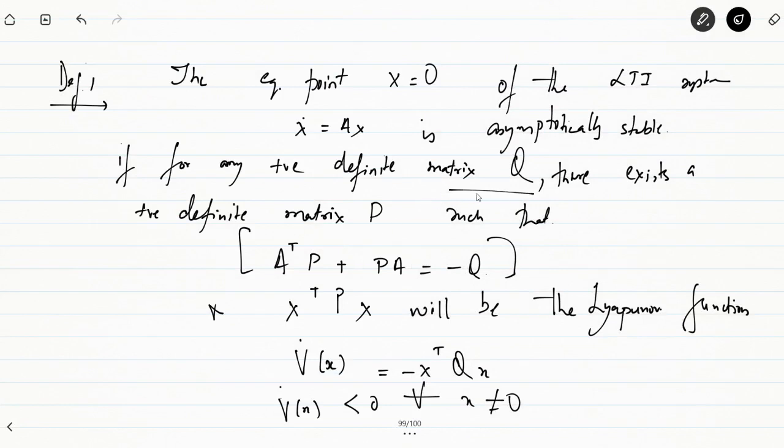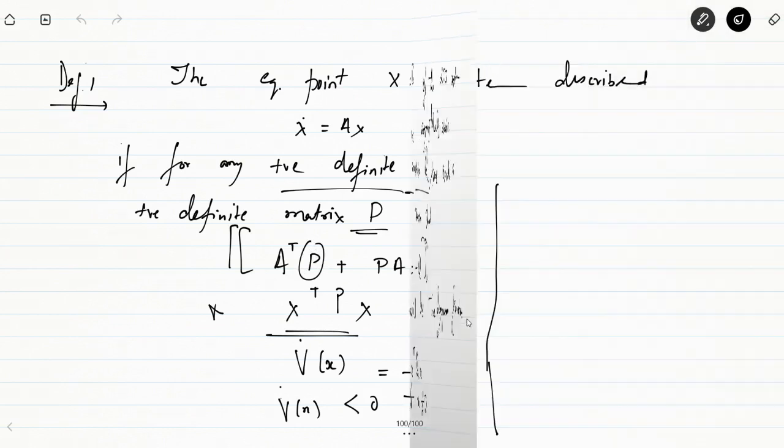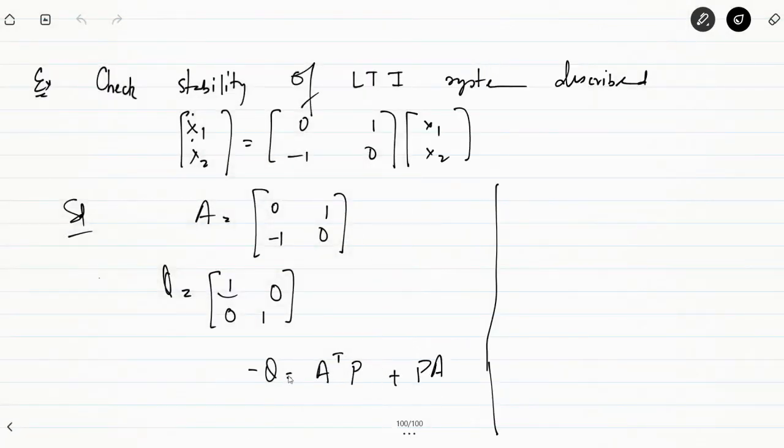We have taken a positive definite matrix equal to 1 0 0 1, and we have to find the matrix P for which this equation is satisfied. From that equation we'll get the value of P, and once we have P, we can find the energy function. So minus Q is equal to ATP plus PA.